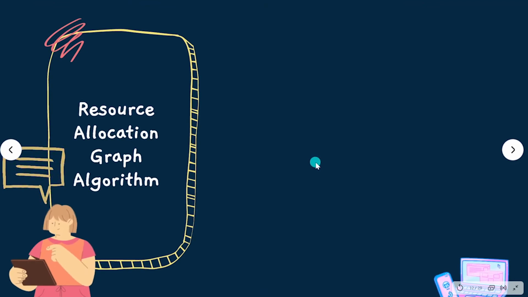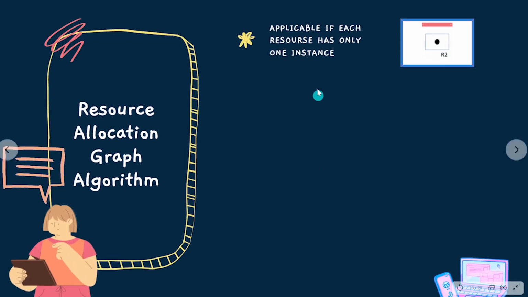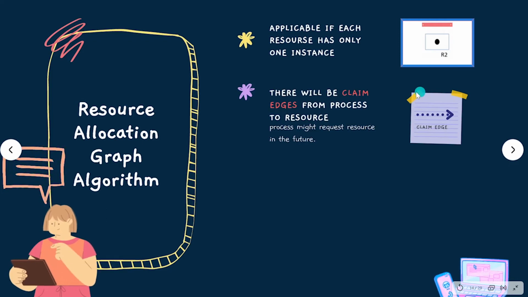Alright, so let's look at the resource allocation graph algorithm. The first thing that we have to take notice of is that this is applicable if each resource has only one instance. So basically, inside the resource there will only be one instance. There will be claim edges from process to resources.